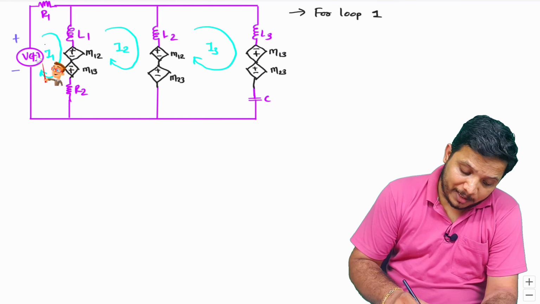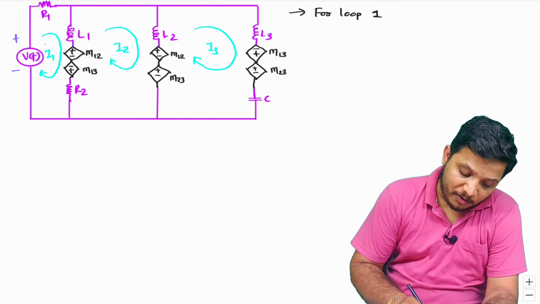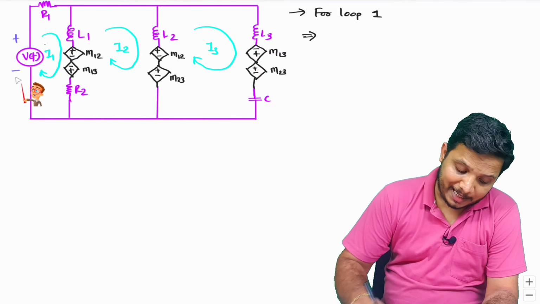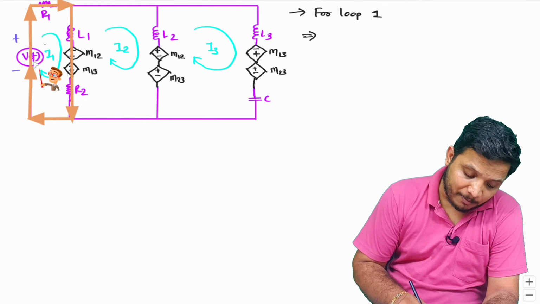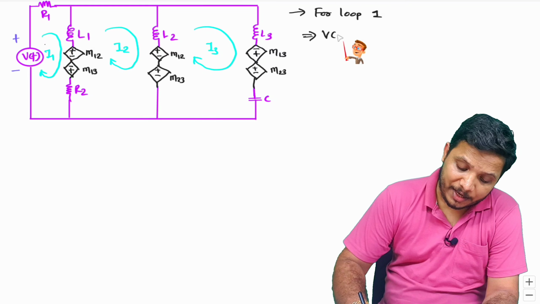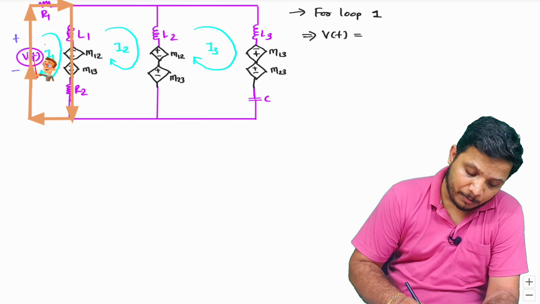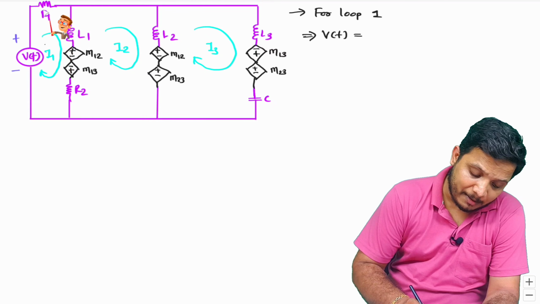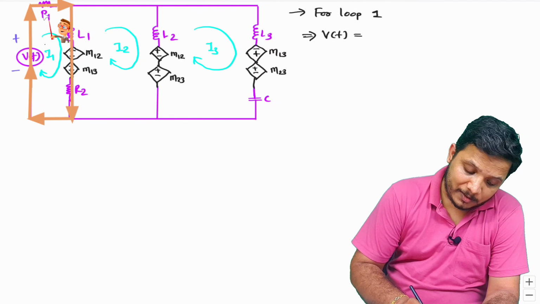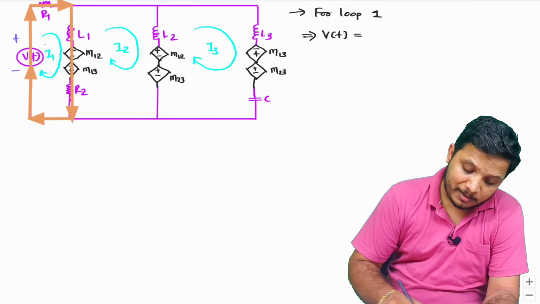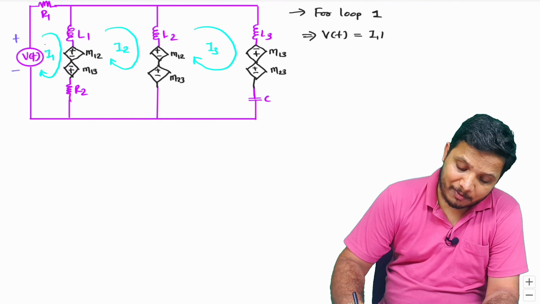Now see, for loop 1, the external source is V(t), and that has polarity from minus to plus, so I need to write V(t) here, and that equals, now see in this loop, after V(t), the element that comes is R1. Through R1 the current is I1, so the potential is I1 R1.